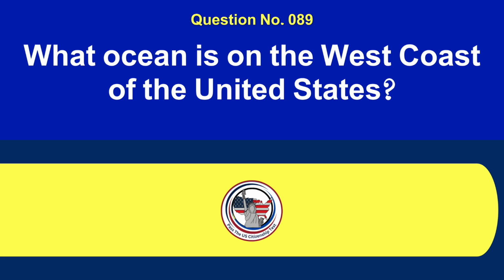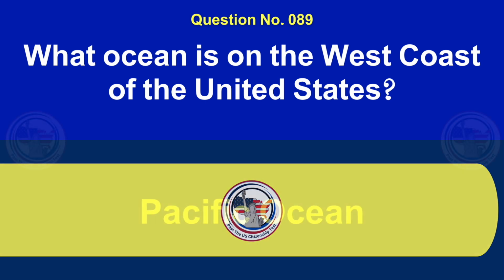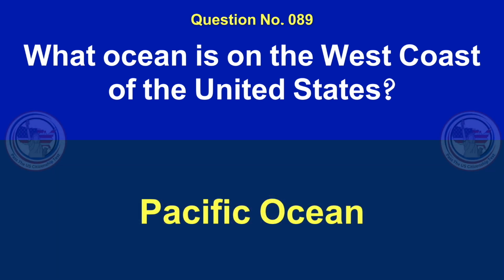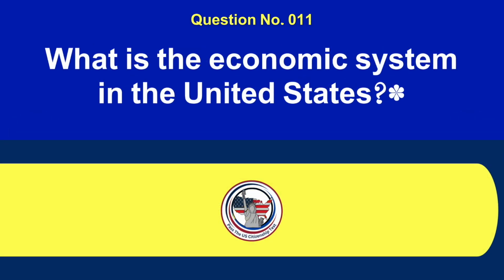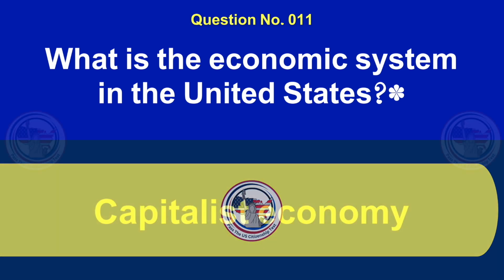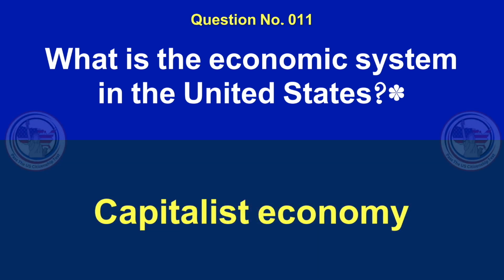What ocean is on the west coast of the United States? Pacific Ocean. What is the economic system in the United States? Market economy.